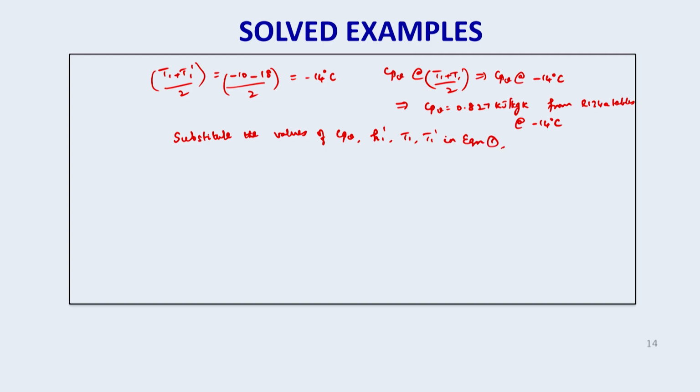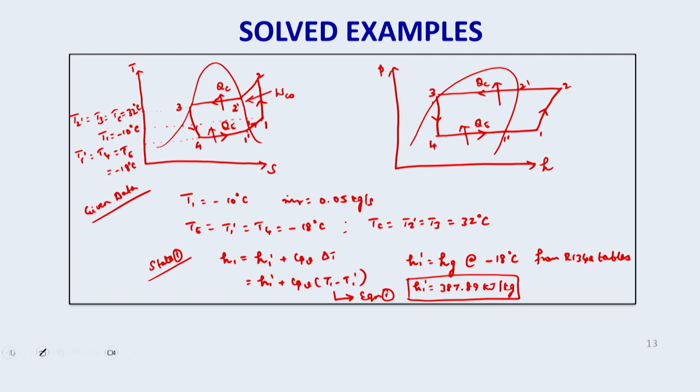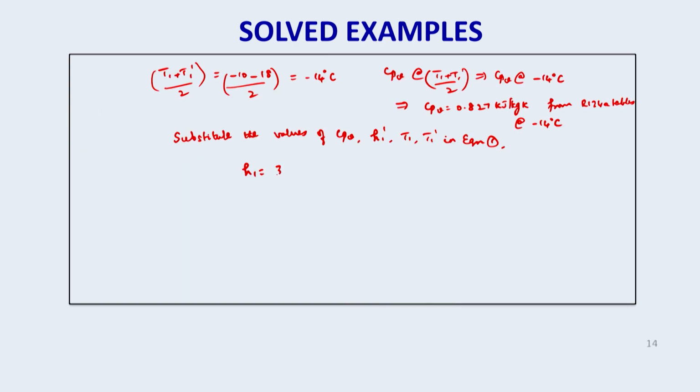Let us take this equation as equation number 1. H1 is equal to, H1 dash is 387.89, plus Cp of vapor is 0.827, into delta T. Delta T is T1 minus T1 dash.